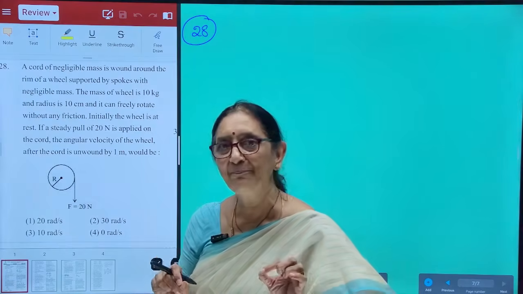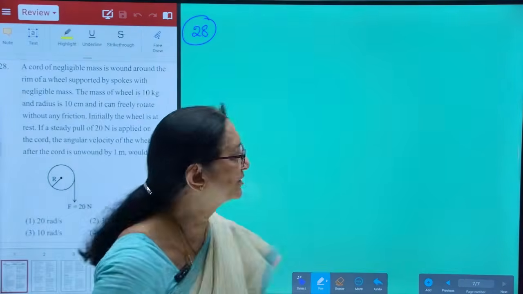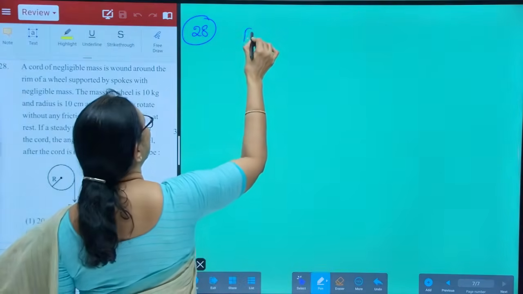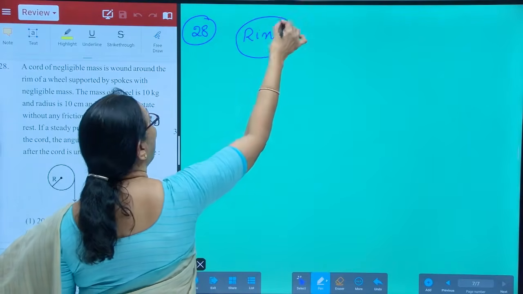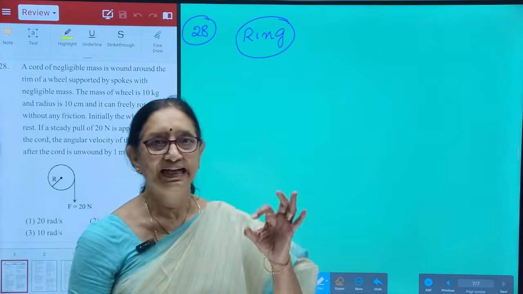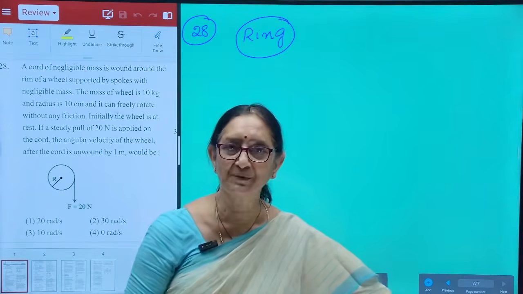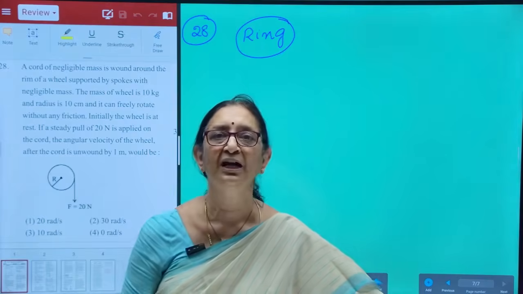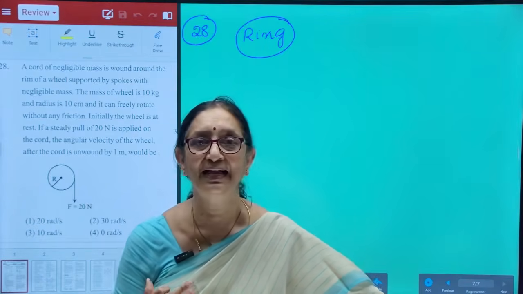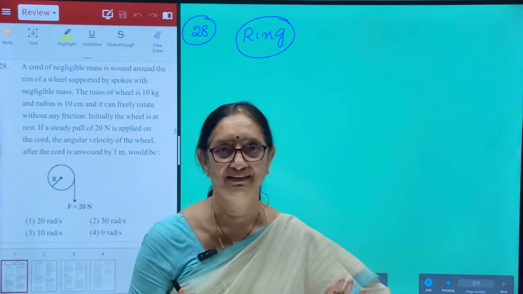A rim supported by spokes means that it is considered as a ring. That is the most important idea of the problem. While considering the moment of inertia about its natural axis, we consider it as a ring. It is not a disc, right?